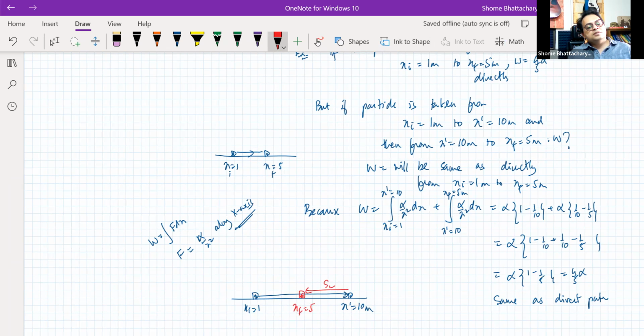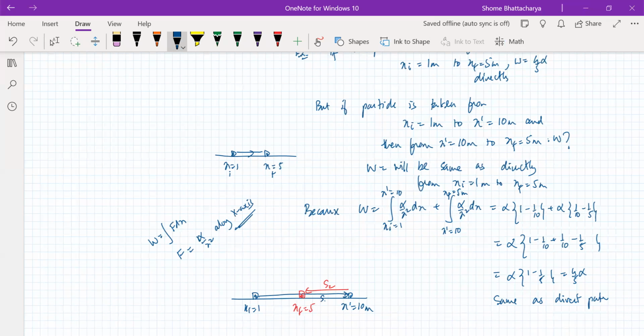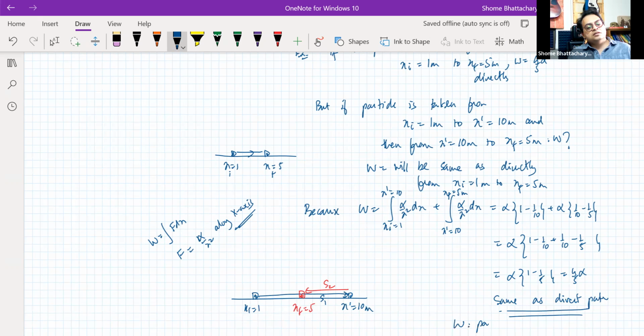That's the second displacement we are making. But the net work done is still coming out to be the same in both cases. So that shows us that it's independent of path. Okay. So that means the work done is path independent, which means that the force is conservative.